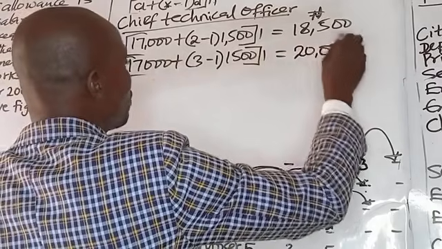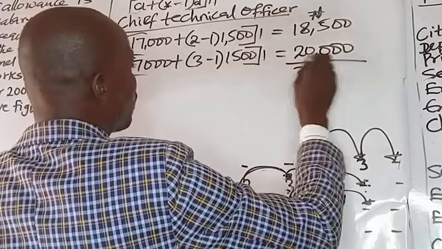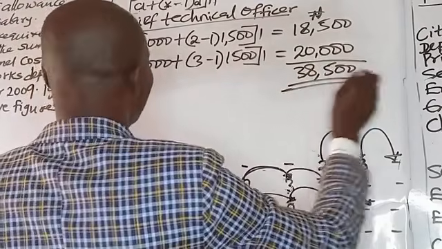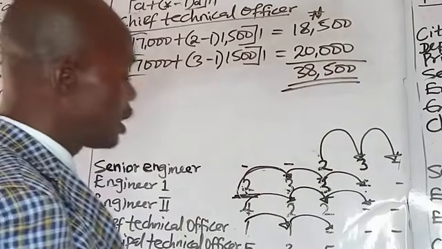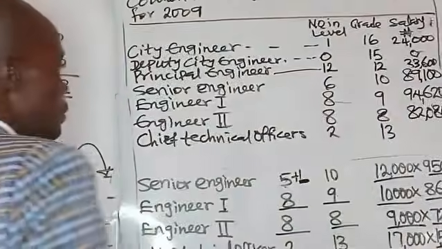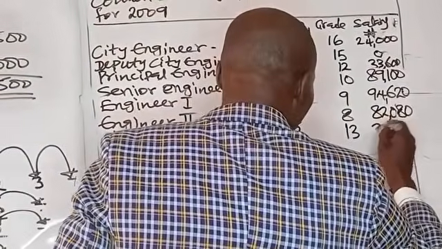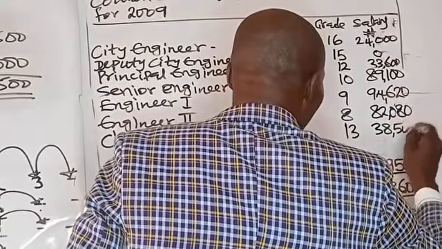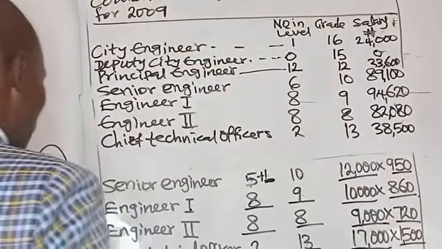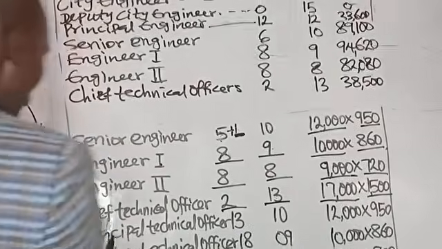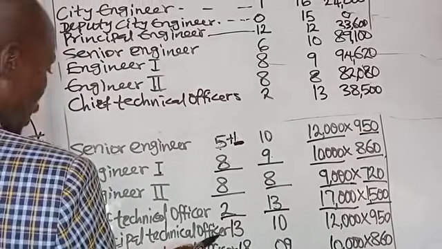So if you sum it up, you have 38,500. That is for Chief Technical Officer, 38,500.